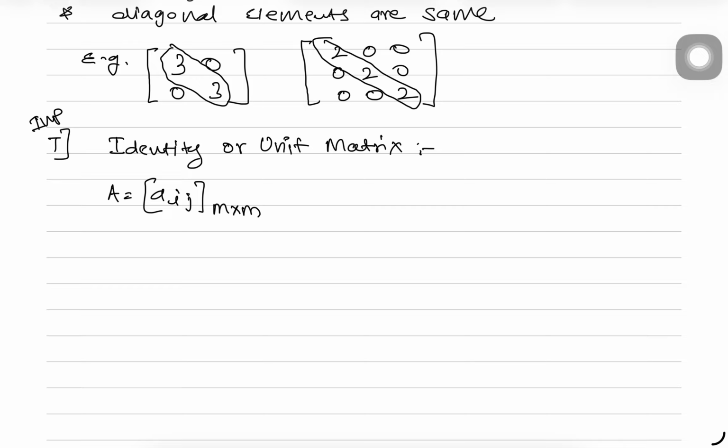A of ij is called the identity matrix if all the non-diagonal elements are 0 and the diagonal elements are equal to 1.